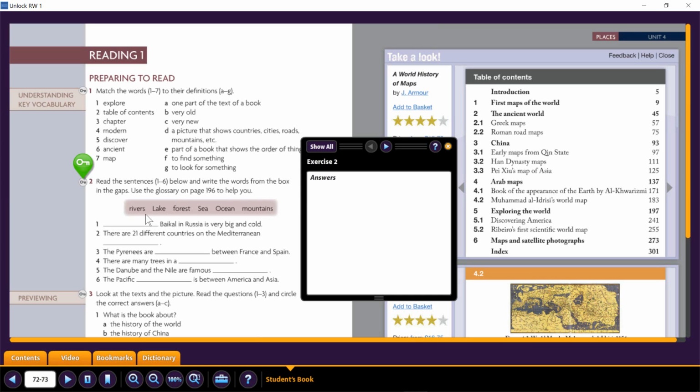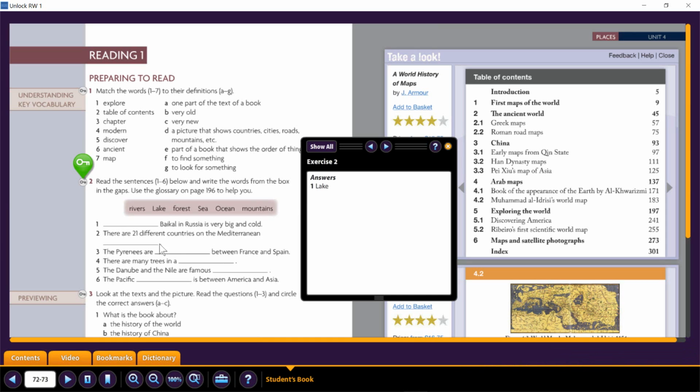Since we have here capital letters, so think about them first. So lake, sea, ocean, what do you think? After Googling the name, you will find that Baikal in Russia is a very big lake, a very big and cold lake. So number 1 is Lake Baikal in Russia is very big and cold.